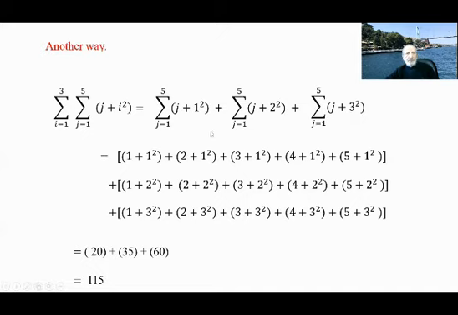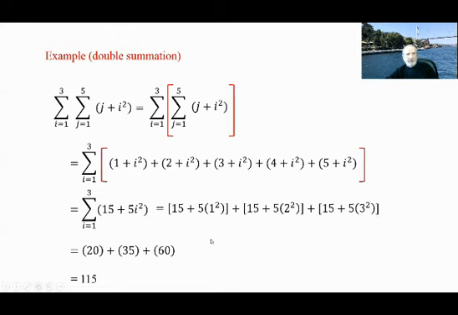So for each one, you have to replace j by 1, 2, 3, 4, and 5. So you do that and you add them, you get 20 plus 35 plus 60. Obviously, the previous method is a little bit easier to use than this one.